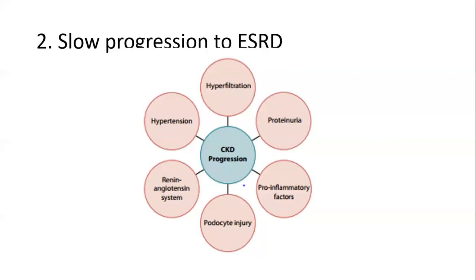you reduce the blood supply to the kidneys because you increase the vasoconstriction. So that's when you have a lot of problems. There is also the renin-angiotensin system.